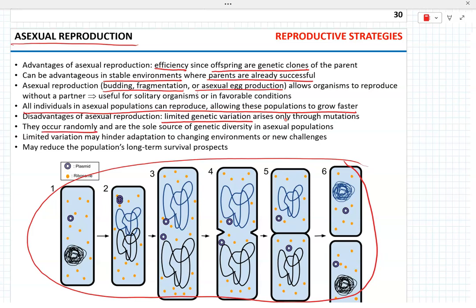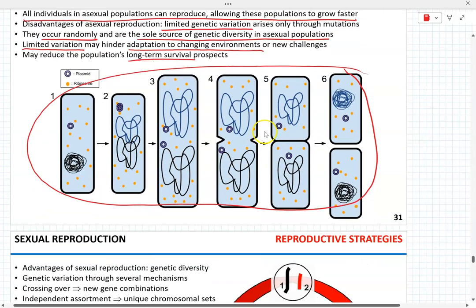Mutations occur randomly, and they are a major source of genetic diversity in asexual populations. Now, that limit in variation may reduce the adaptability to changing environments and may reduce the long-term survival for that population.